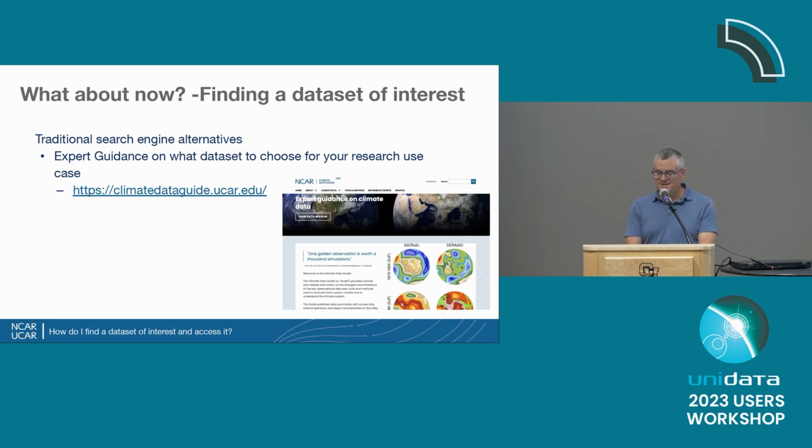So if you're looking at a reanalysis product or a rainfall product, what are some of the pros and cons, strengths and weaknesses of those data sets? And what research have they been used to support in the past? So that's what this tool provides. It's really: what's the suitability of a data set for my research question? That's the point of this Climate Data Guide. So hopefully that will help you narrow down what you need out of a data set.